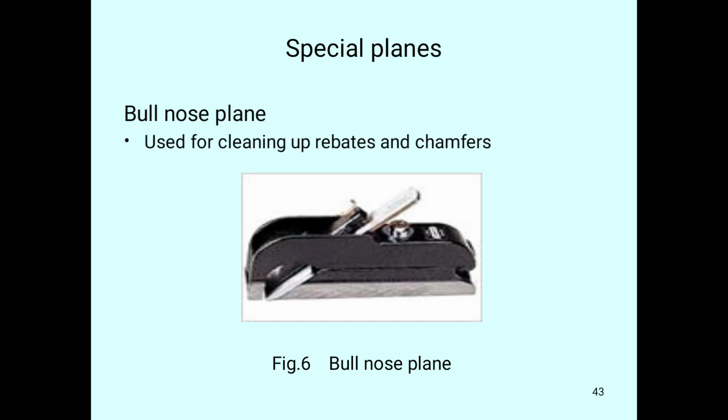This bull nose plane is used for cleaning up rebates and chamfers. The purpose of this bull nose plane is cleaning up the rebates and chamfers on the wooden workpiece.